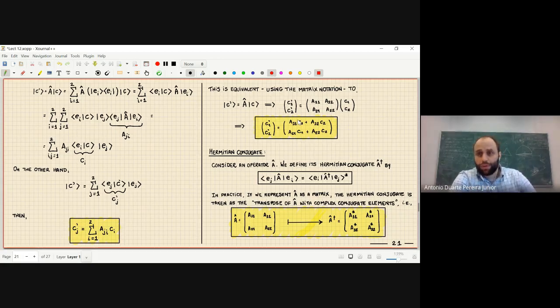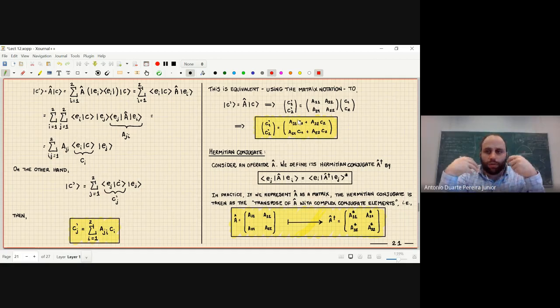Now I'm going to introduce an important concept that is very important for what comes next, which is the concept of a Hermitian conjugate operator. So far, we are considering operators, and the only thing that I essentially demanded about these operators is that they are linear operators. So if you act with this operator on a sum, then you can act with it on the parts of the sum separately.